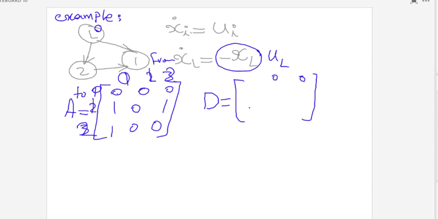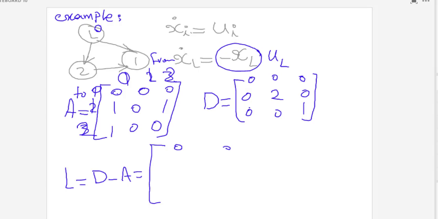And what about D? In degree for leader is 0, in degree for 1 is 2, in degree for 2 is 1. And what about L? D minus A: 0, 0, 0, minus 1, 2, minus 1, minus 1, 0, 1.